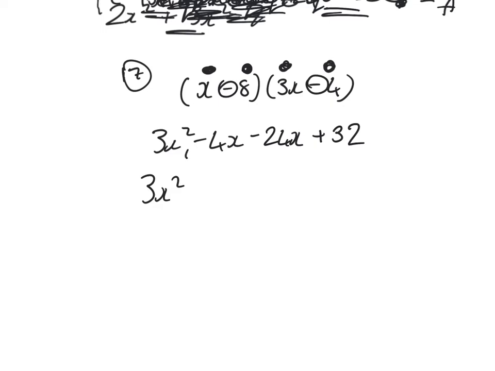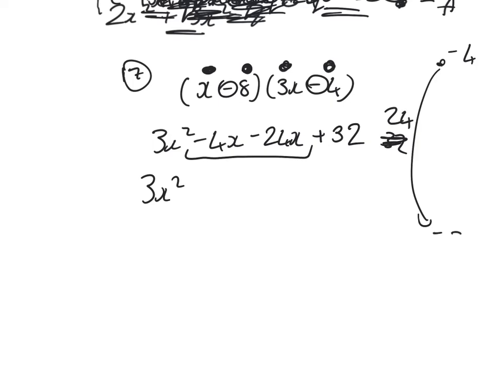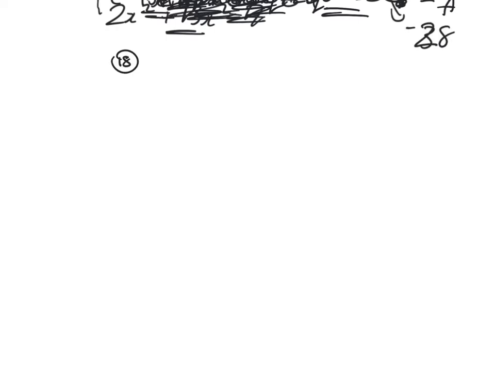Let's tidy up the inside. Okay, so we've got minus 4 and we drop down 24. So moving down that number line, that will take me down to minus 28, minus 28x plus 32, final answer.